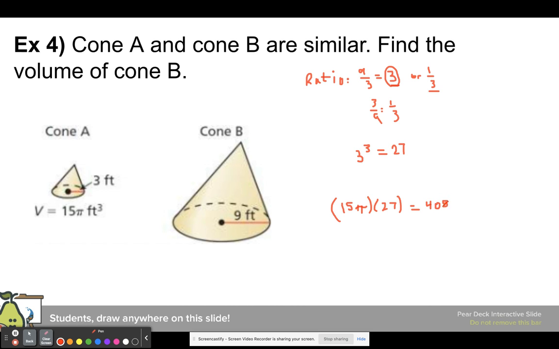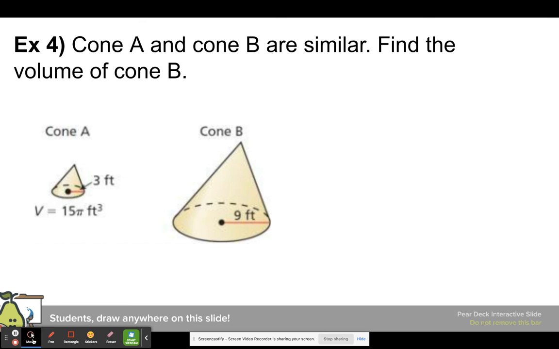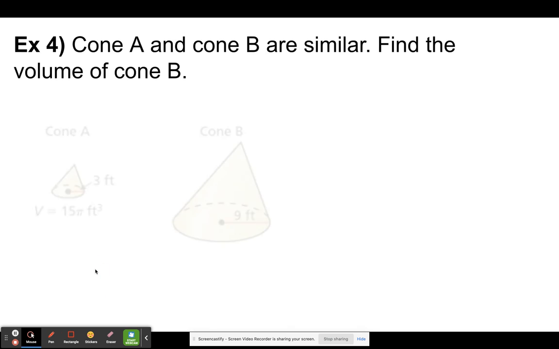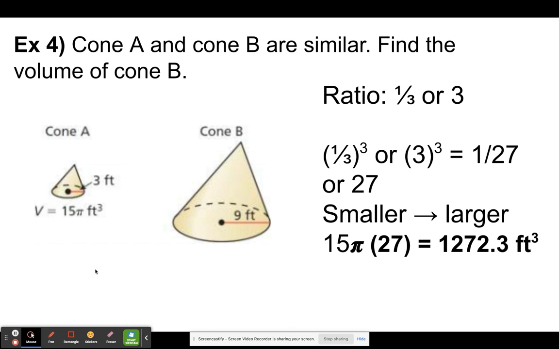So if I wanted the exact answer, I would say 405 pi feet cubed, because we're talking about volume. But go ahead and you can type in 405 pi into your calculator and see what the approximation is. And we'll see it on the next screen. If we approximate, we end up with 1,272.3 feet cubed.